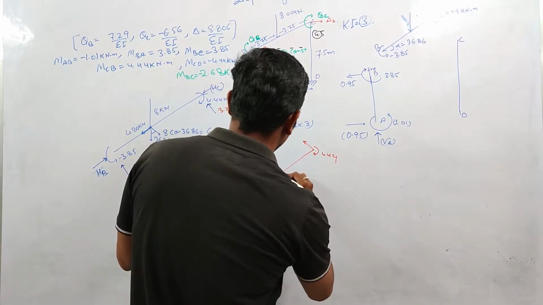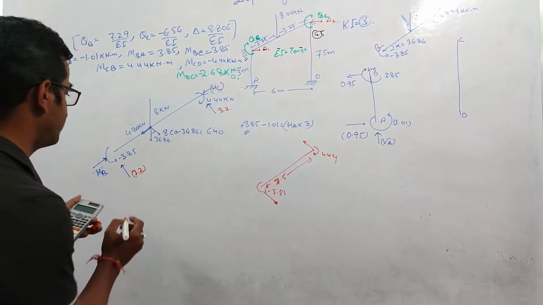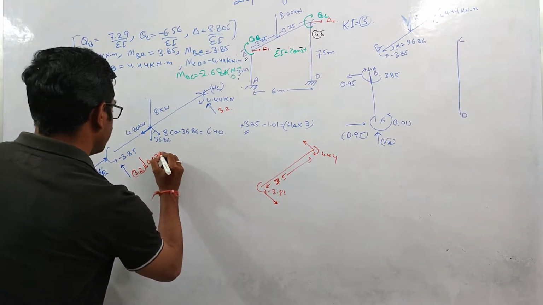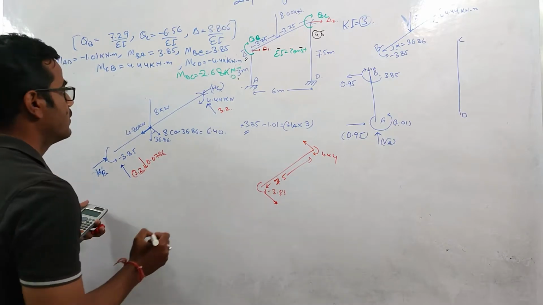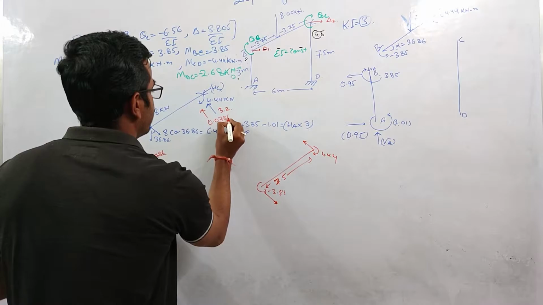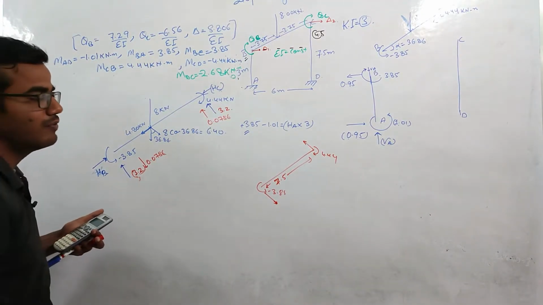This distance is 7.5, so its value comes out to be 0.0786. Here it is in the downward direction, 0.0786, and here it is in the upward direction, 0.0786. This is due to moment, and this 3.2 is due to vertical force.